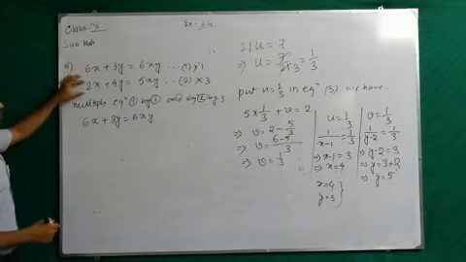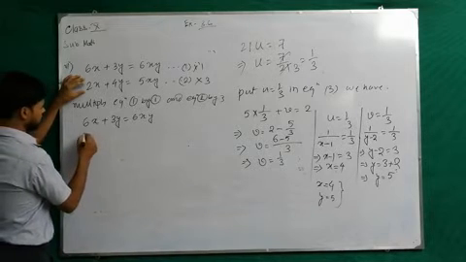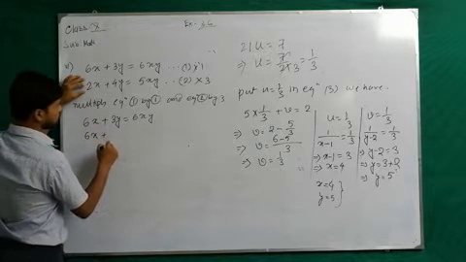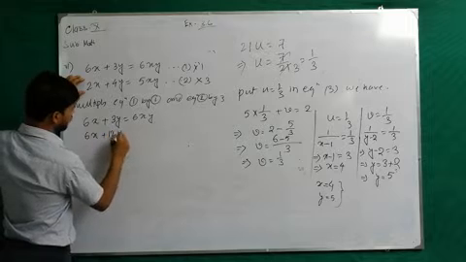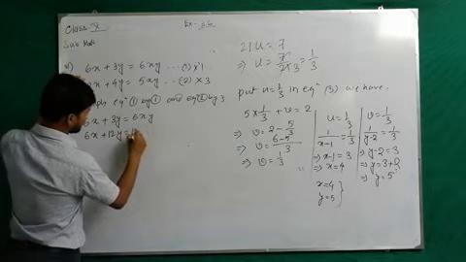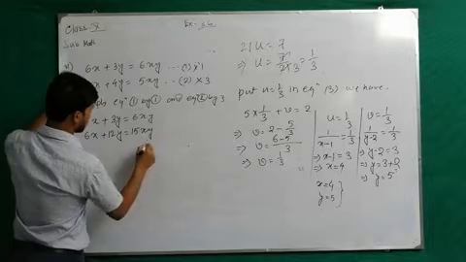And if you multiply this equation by 3, we have 3 2s are 6x plus 4 3s are 12y is equal to 5 3s are 15xy.